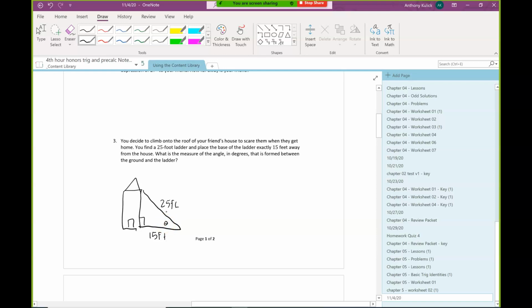Cool? Yeah. Okay. So the relationship between that angle and the sides of this triangle, well, we have the adjacent side and the hypotenuse. So cosine is adjacent over hypotenuse. So to solve for theta, we'll do the cosine inverse of both sides. So that's what I'm going to be doing.